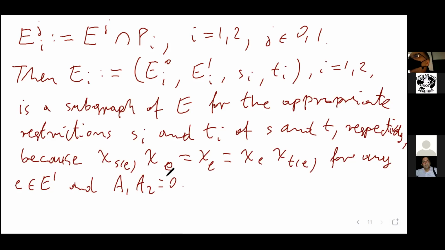Okay, so now I have subgraphs. Now by construction, they are disjoint subgraphs, but it gives us the whole graph.